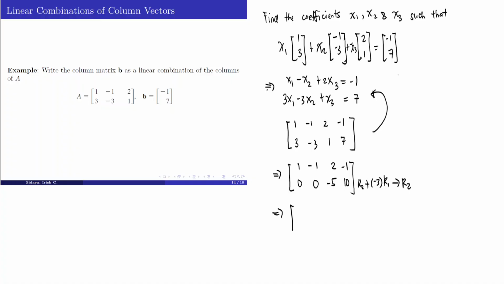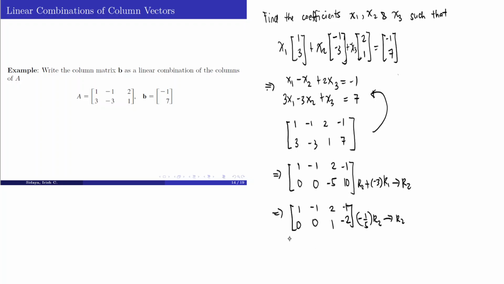So we multiply by negative 1 over 5 by R2 to get new R2. So it's 0, 0, then 1, then negative 2. So we have now a row echelon form.